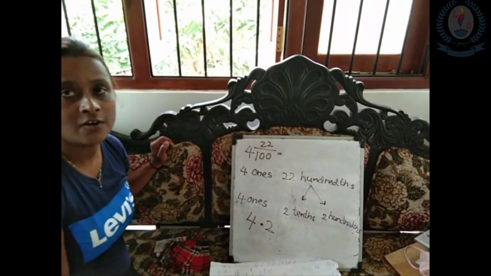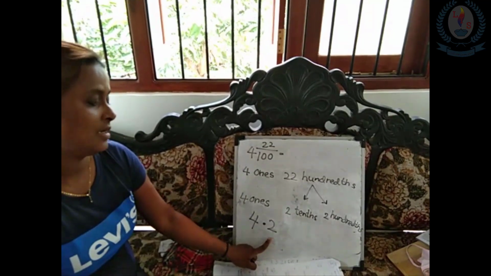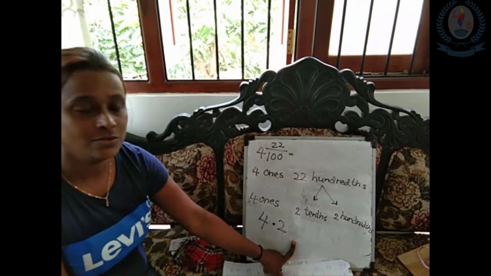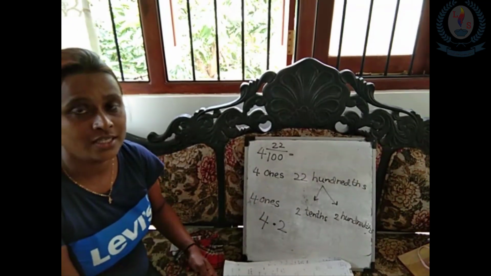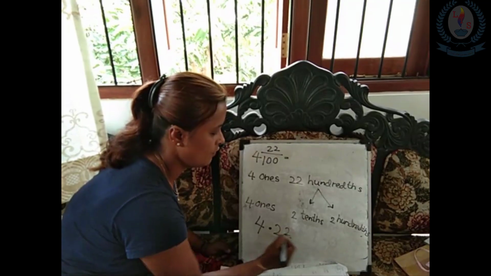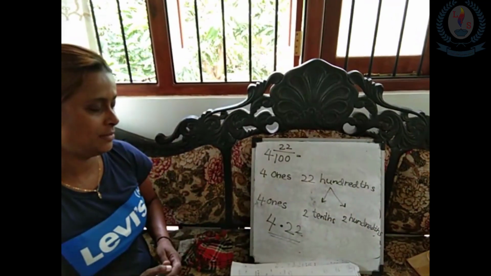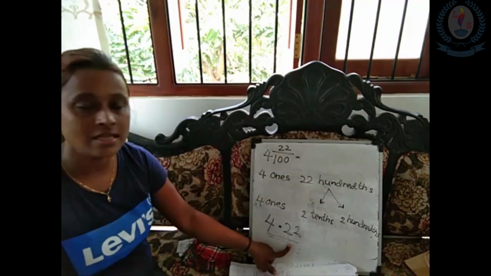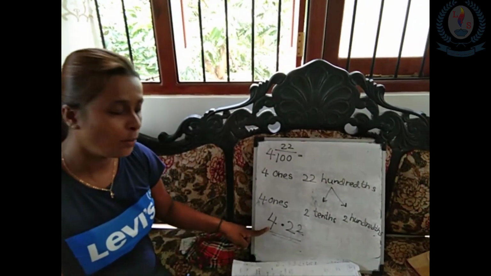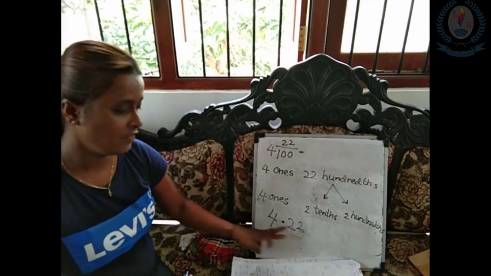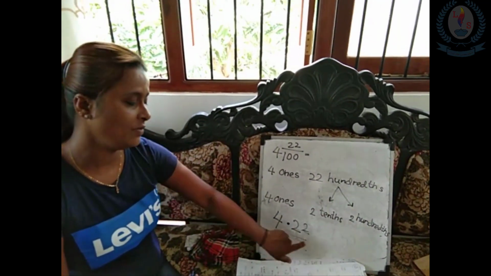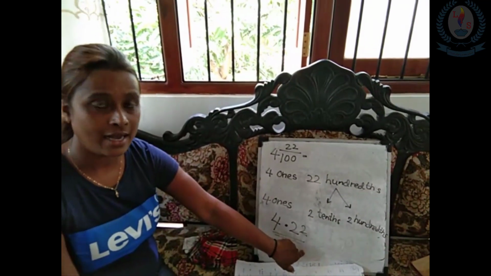The first number after the decimal point is the tenths place, the second number is the hundredths place, 2 hundredths. So when we write a mixed number as a decimal, we get 4.22. Always there should be 2 places after the decimal point when we write hundredths, as there are tenths and hundredths.